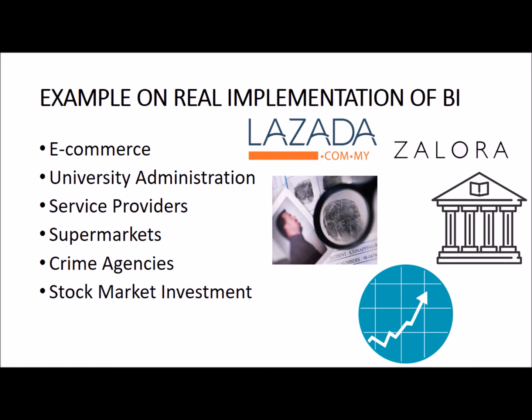Examples of e-commerce websites are Lazada and Zalora, and how they implement business intelligence. For example, when a customer browses a certain product, they can compute from the past reviewing so that they can offer the product to the customer at a discount.